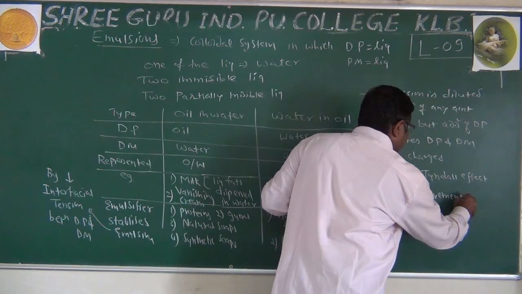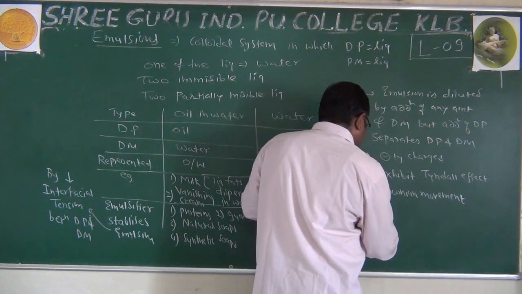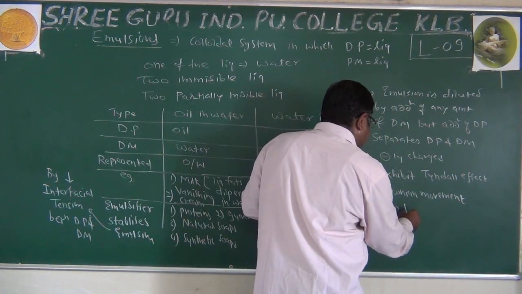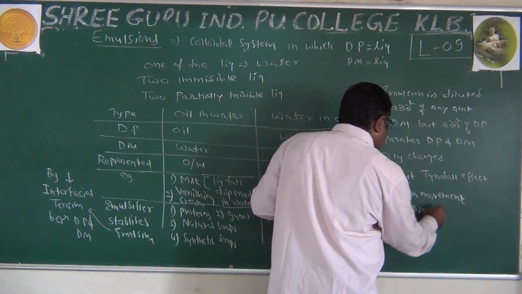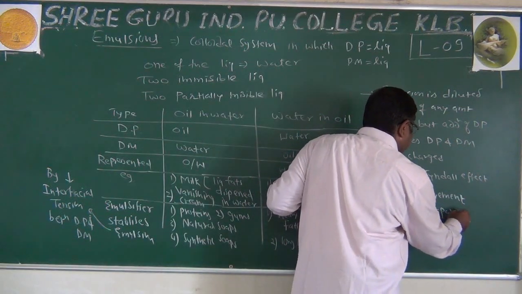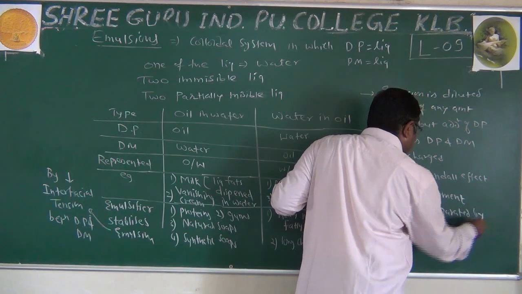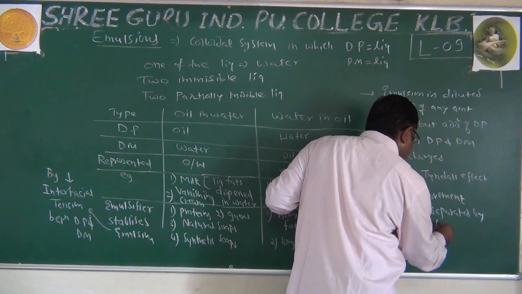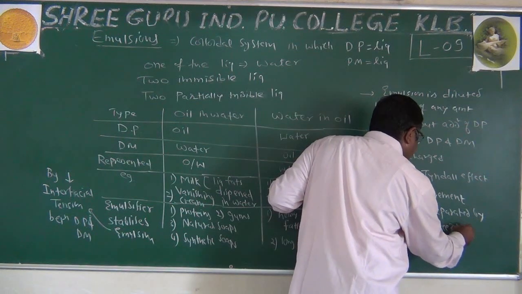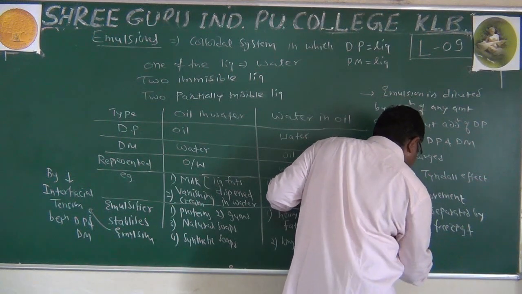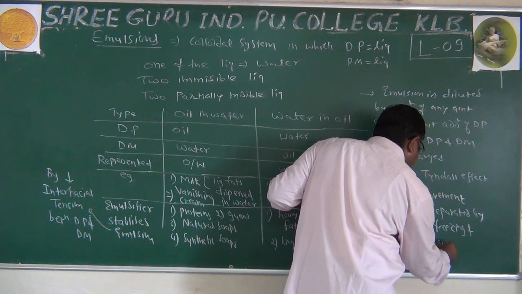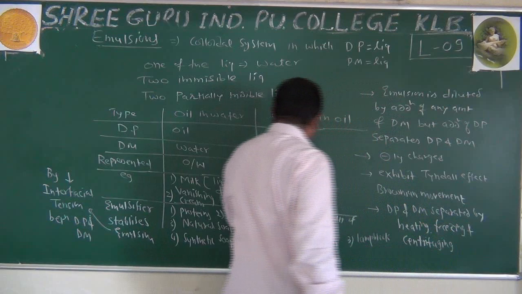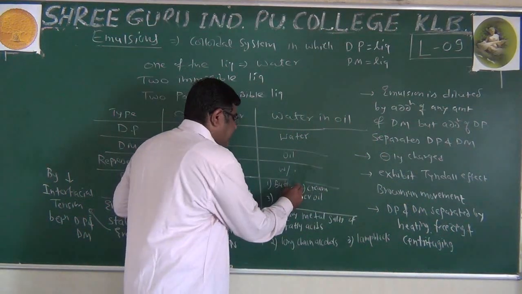And last one, the dispersed phase and dispersion medium can be separated by heating, freezing, and centrifugation method.